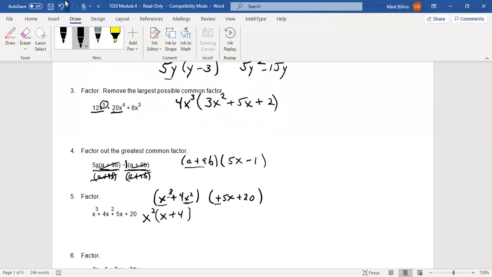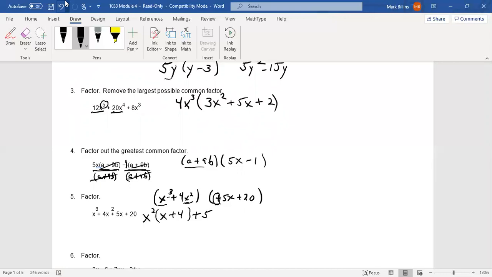So in the next group, I compared positive 5 and positive 20. Now, a rule of thumb that we're going to use is whatever this sign is what we're going to factor out. So in this case, we're going to factor out a positive, and the greatest common factor of 5 and 20 is 5.